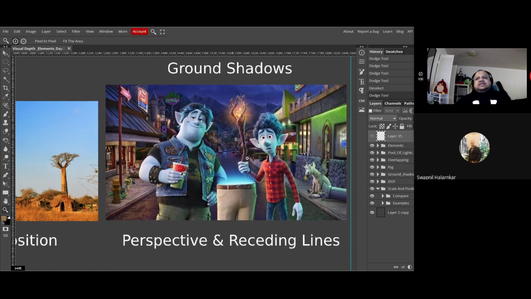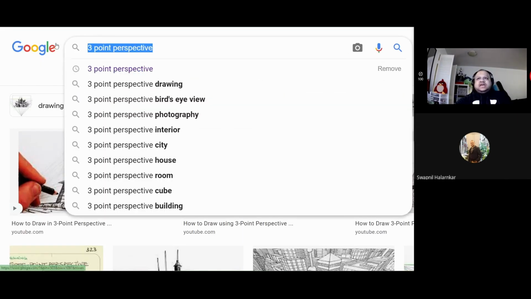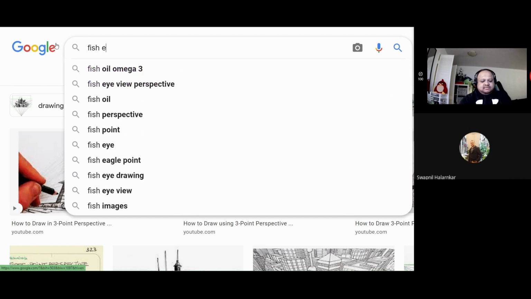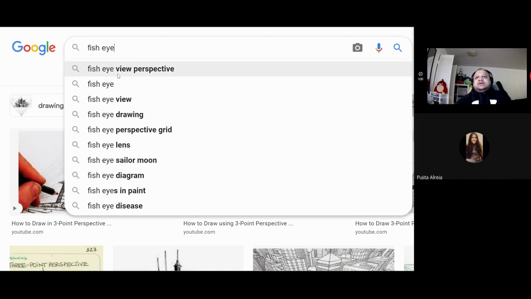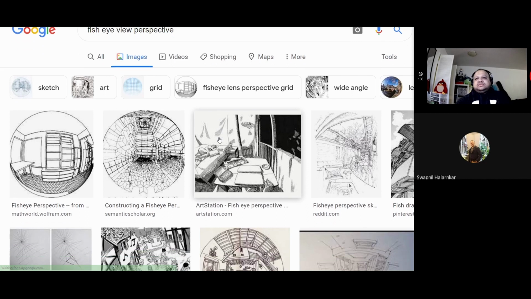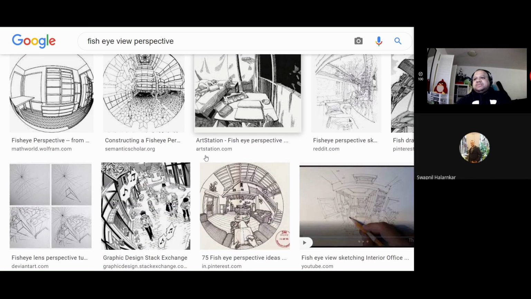Yeah, it depends, but I think in 2 point, it is really hard to have this point inside the scene. If you have those points here and here, the amount of bending that will happen will be so extreme, unless it depends on the camera choice you make. If there is a fish eye lens, maybe in that, with fish eye perspective you see there is so much bending.